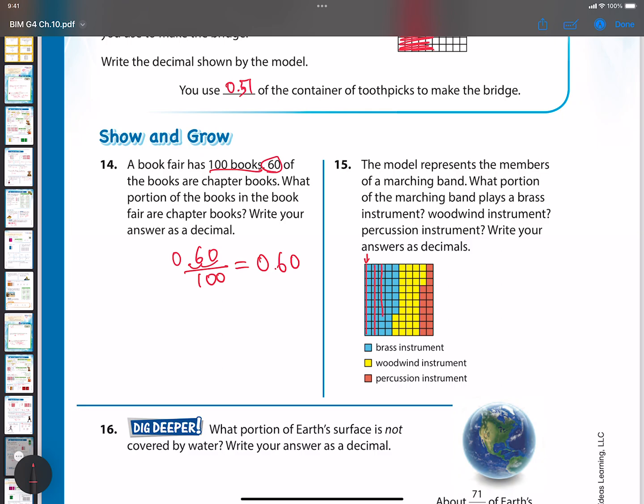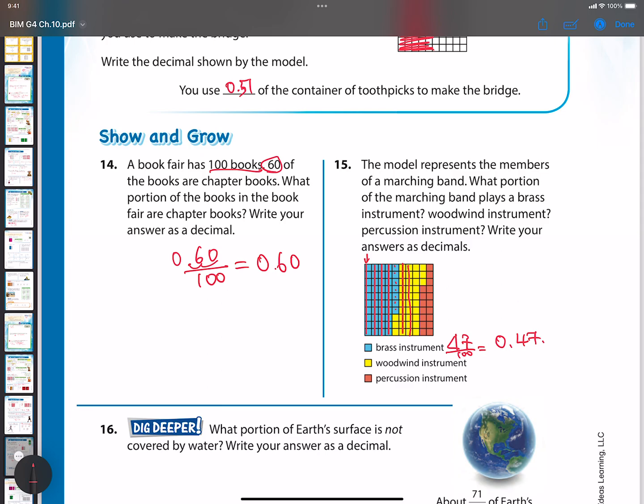Oh, I found this new skill. Okay. 30, right? And then 40, 1 2 3 4 5 6 7. So 47 over 100. That means 0.47.